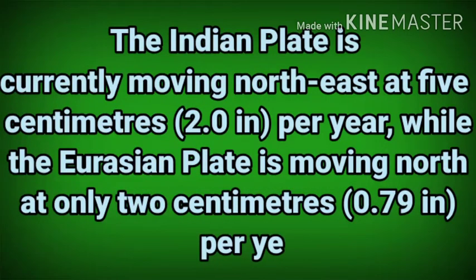The Indian plate is currently moving northeast at 5 centimeters, means 2.0 inches per year, while the Eurasian plate is moving north at only 2 centimeters per year. This is causing the Eurasian plate to deform and the Indian plate to compress at a rate of 4 millimeters per year.